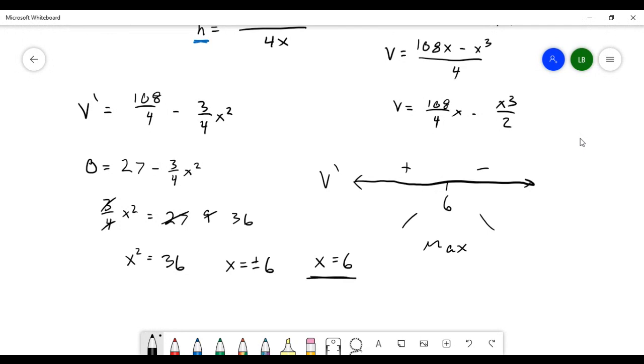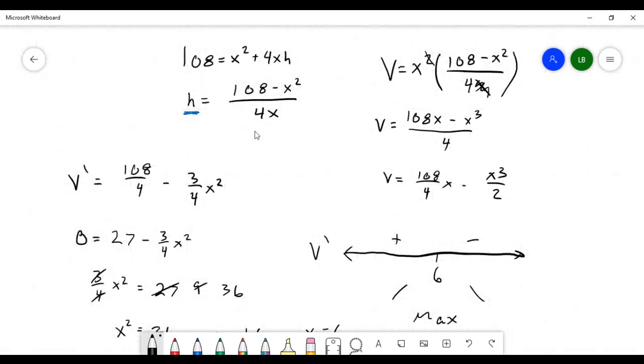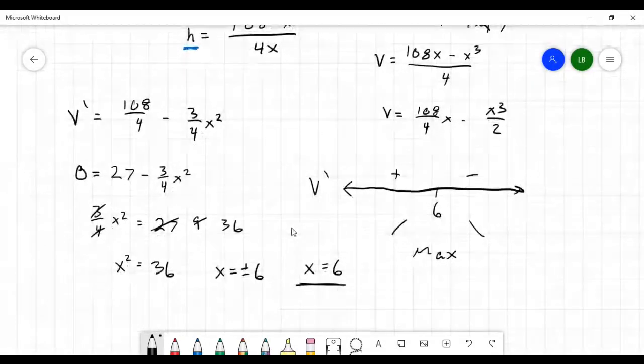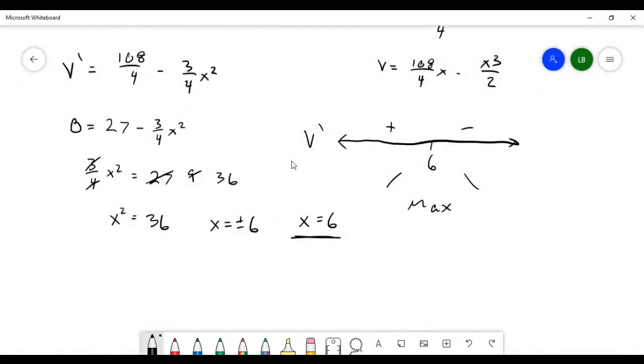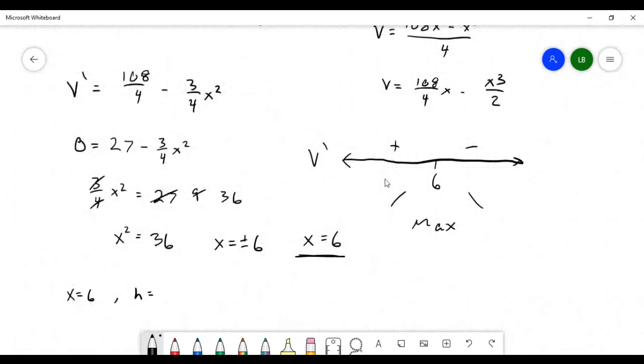So we know that x is equal to 6 is one of our dimensions, and because of this h equation right up here we can find our h value. So we know that x is equal to 6, and h is equal to, I forgot the equation, 108 minus x squared over 4x.